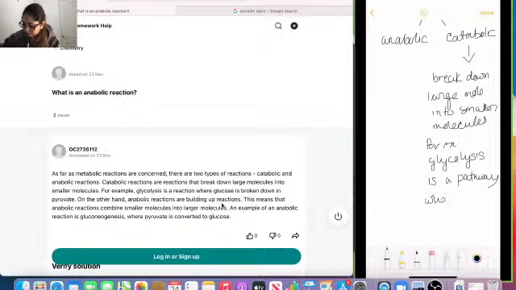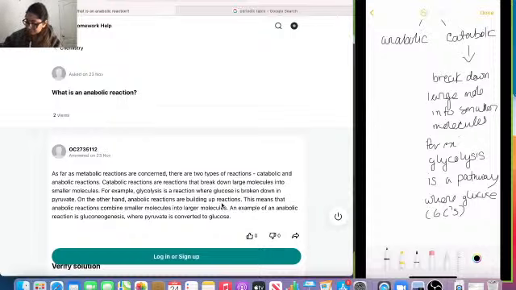Glucose is a sugar molecule, and it's really big. This is basically a 6-carbon molecule, so 6 carbons.